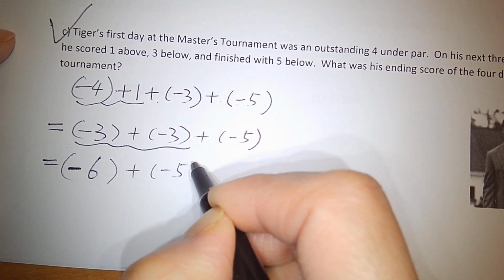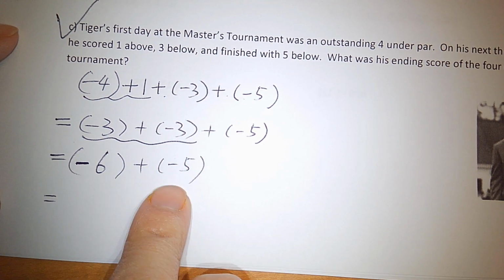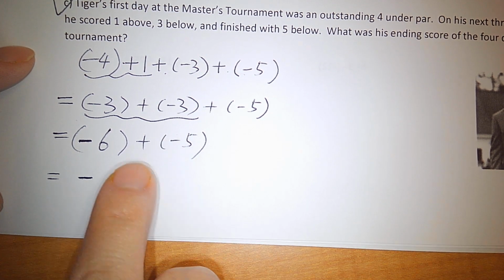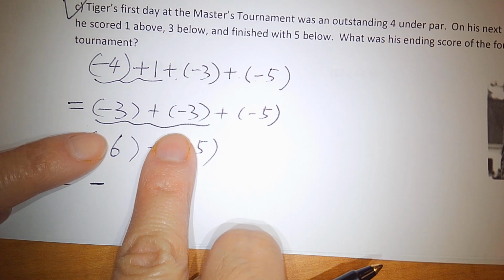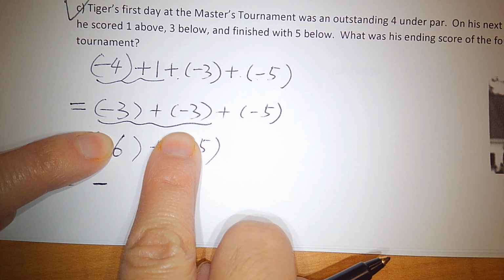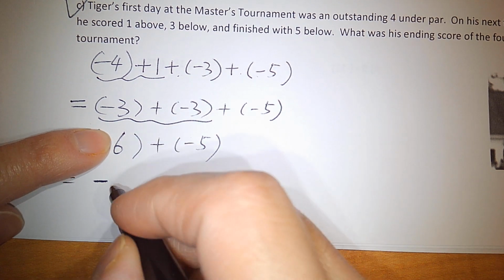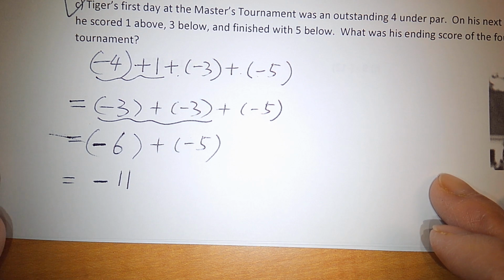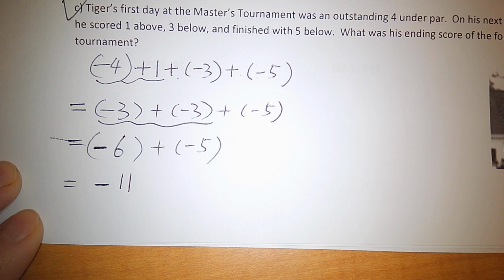And plus negative 5. Same sign, both negative, so the result is going to be negative. And then we add up 5 and 6, right? Negative 11. You guys? Everyone? Okay?